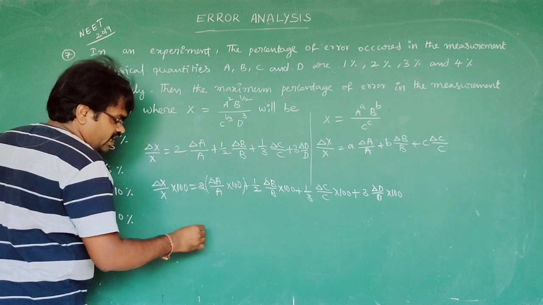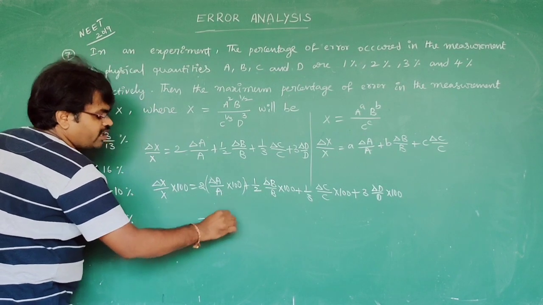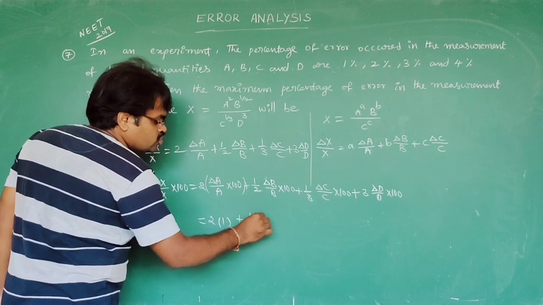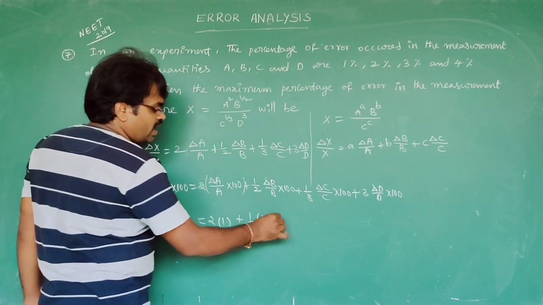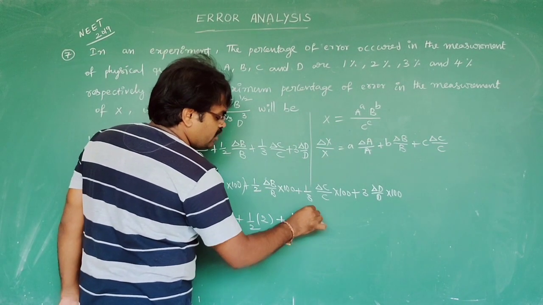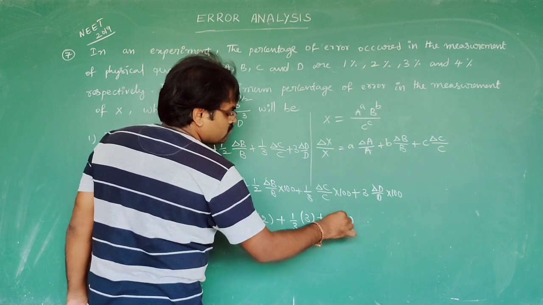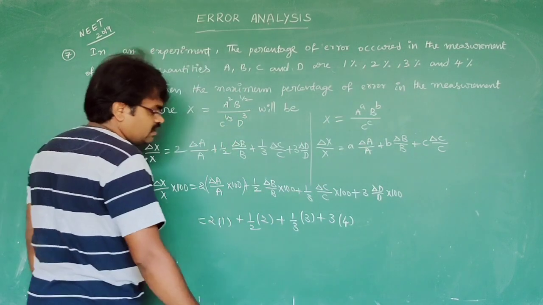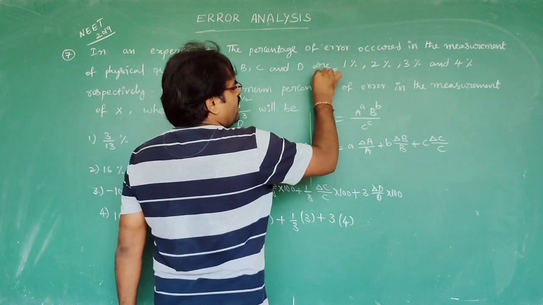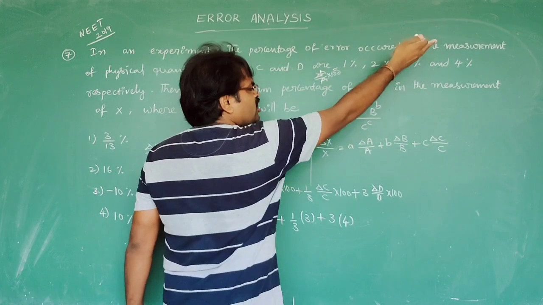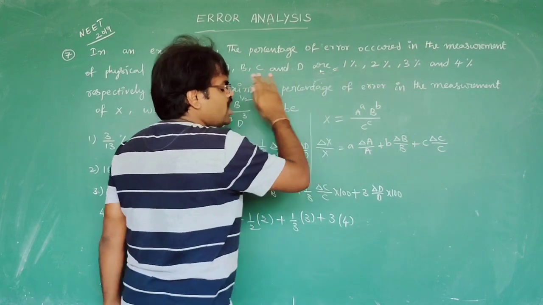Then we substitute here 2 into 1%, plus 1 by 2 into 2%, plus 1 by 3 into 3%, plus 3 into 4%, because these are the delta A by A into 100, delta B by B into 100, delta C by C into 100.